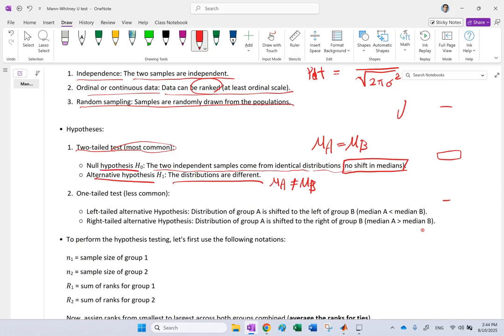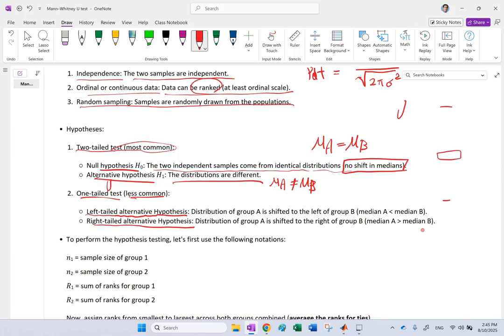In one-tail U-test, that is less common, there are two versions. Either we say the left-tailed alternative or the right-tail alternative. You might say, what was the null hypothesis? The null hypothesis is that, again, the two medians have no shift.